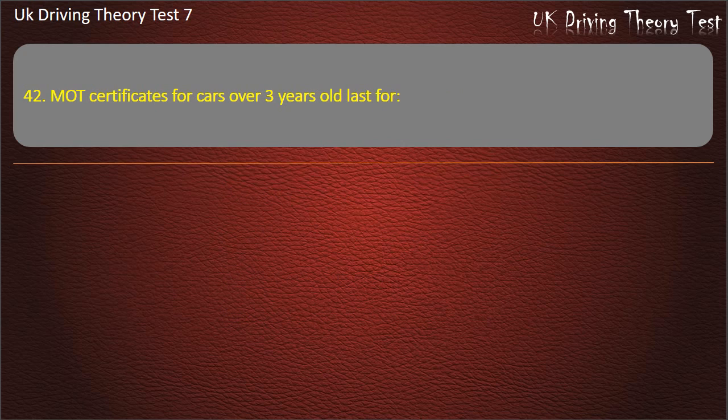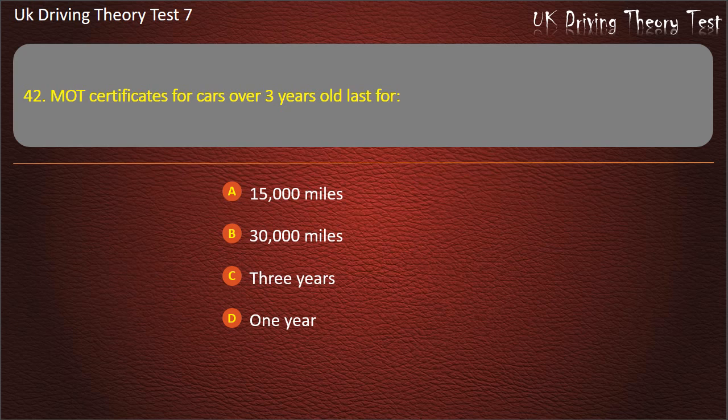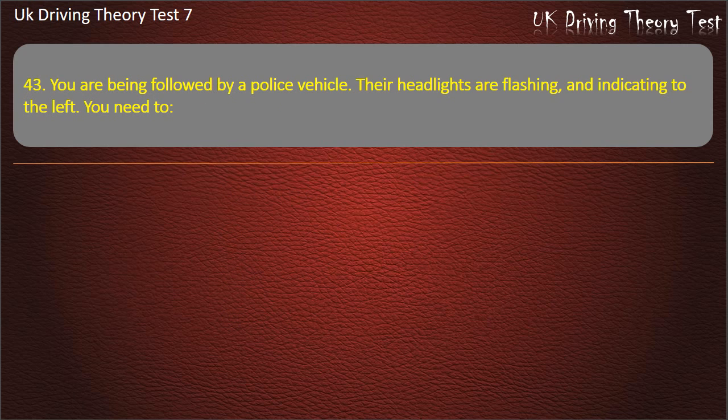Question 42. Most certificates for cars over 3 years old last for 15,000 miles. 30,000 miles. 3 years. 1 year. Answer. 1 year. Question 43.